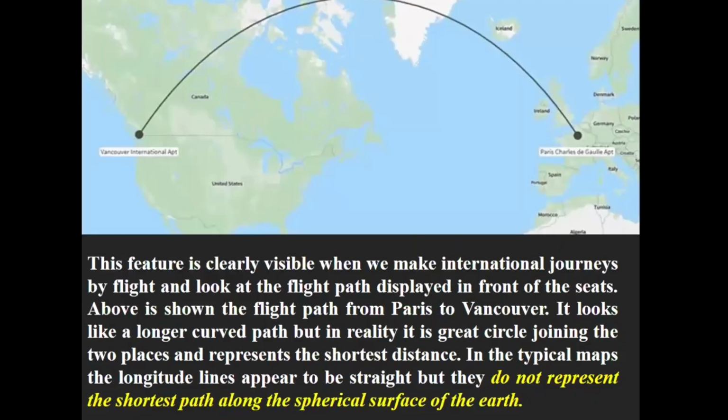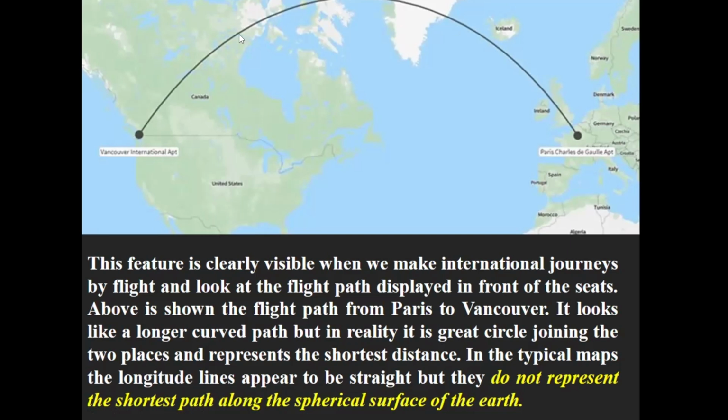So therefore, I will show you in the case of Earth, for example, if you want to find out the shortest path between two positions, say Vancouver and Paris. If you consider the great circle and the path generated by that, it will look like this in a normal map.